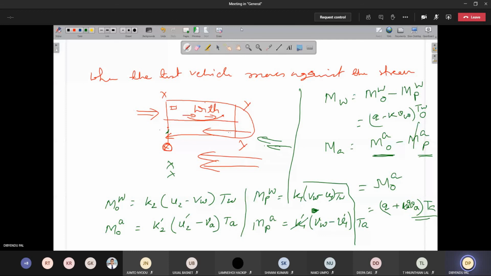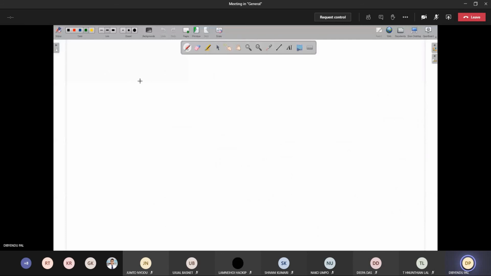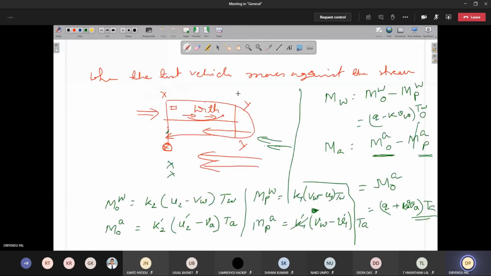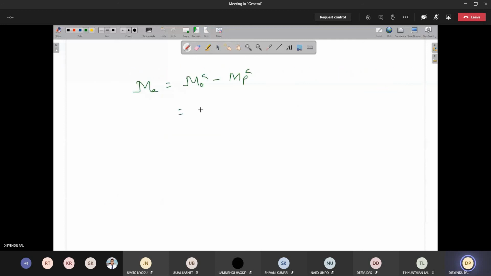Now we are interested to find out the difference, MA. So what is MA? MA is equal to MOA minus MPA. So what is the MOA equation I have written here? The MOA equation is this one, that is K2 dash U2 dash minus BA TA, right?